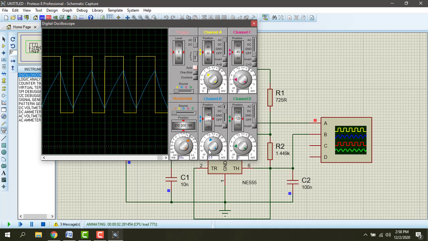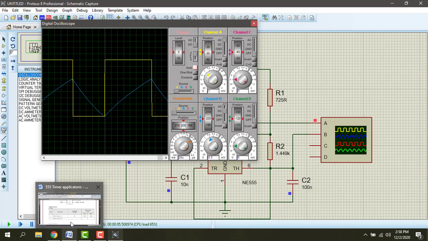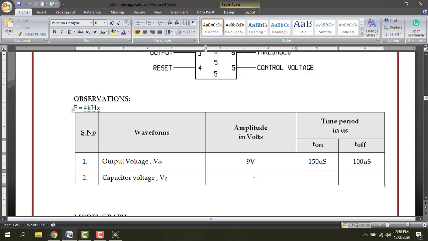Charging time is just equal to on time of the output, and the discharging time is equal to off time of the output. We can verify. But the voltage will be here. How many boxes? 1, 2, 3, 4, 5, 6. 6 volt only. So here the capacitor voltage is 6 volt. The on time is just equal to 150 microsecond, and off time is 100 microsecond.